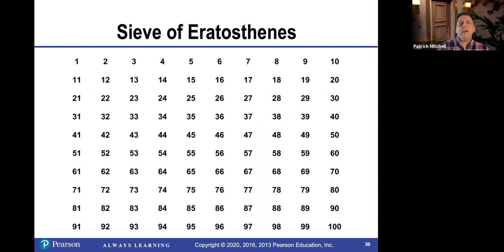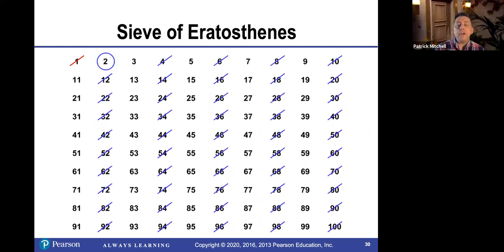All right, so here is a demonstration of the sieve of Eratosthenes. We're going to use it to find all prime numbers up to 100. So the first thing we're going to do is cross out the number 1 because we know it's not prime. Then we're going to circle the number 2 and we're going to cross out all multiples of 2.